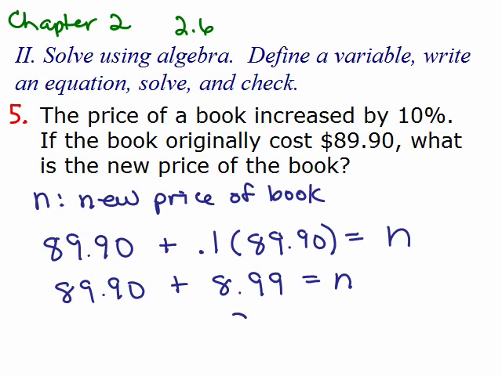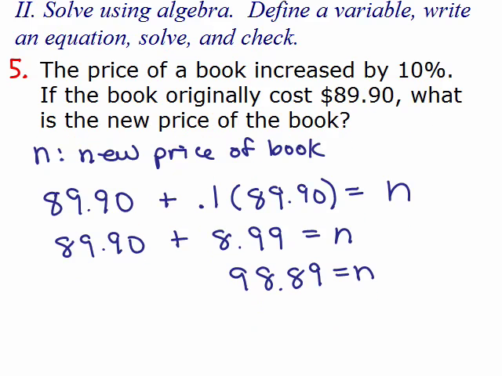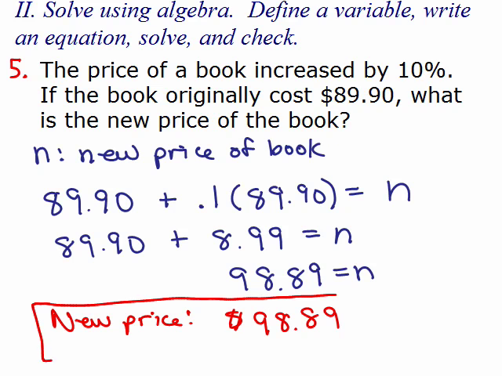So you should get $98.89, right? And it is a word problem, so you want to say, what's the new price of the book? You would just say the new price is $98.89. You do want to put the dollar symbol in there, and the dollar symbol goes in front of the numbers, right? And that's number 5.